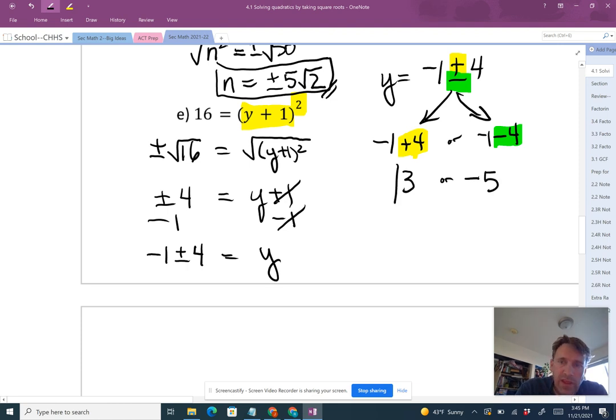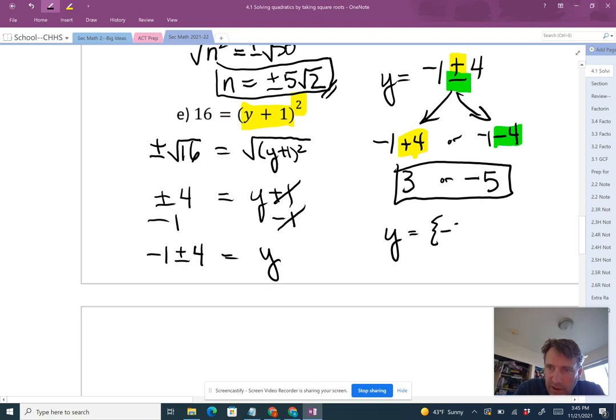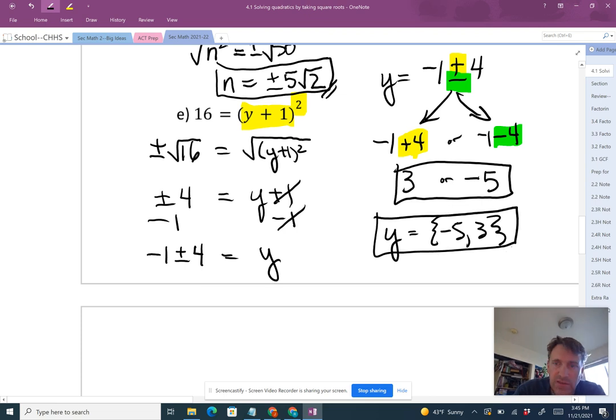And so 3 or negative 5, which you can write as the solution, say y is equal to the set of negative 5 or 3. Either one of those numbers would make this solution up here correct. All right.